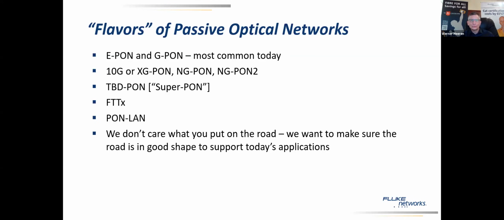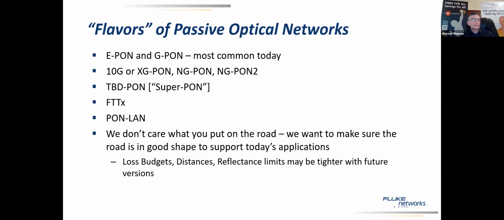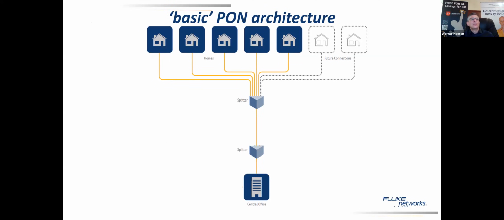So the road should be clean and clear before you can get that speed for the application to run over it. So there will be different loss budgets, distances, reflectance limits. They can be tighter based on the application for future versions, but the principle stays the same.